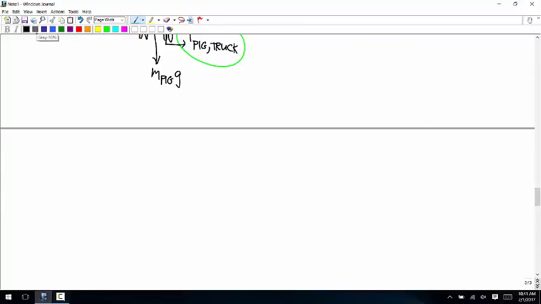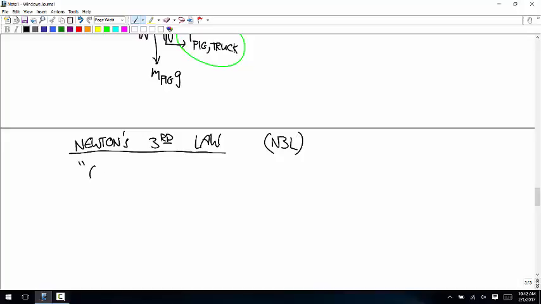Okay, so now Newton's third law. And I'm going to abbreviate this N3L. This is the one that says for every action there's an equal and opposite reaction.